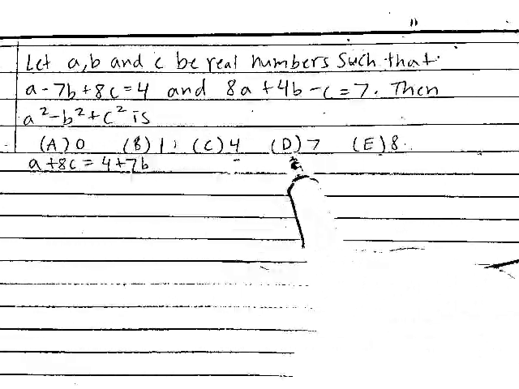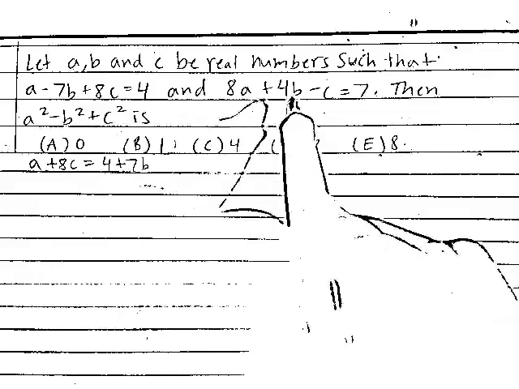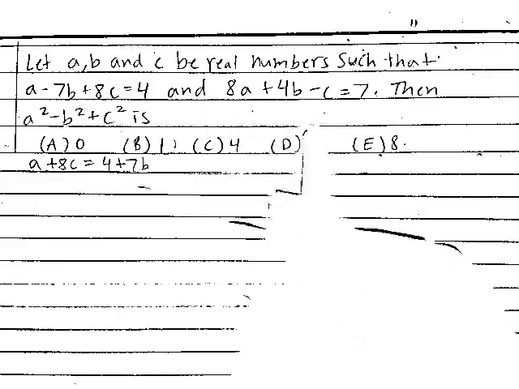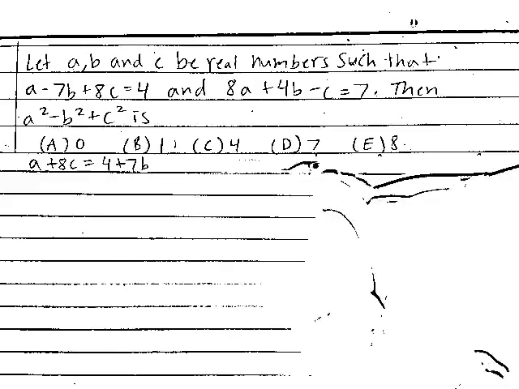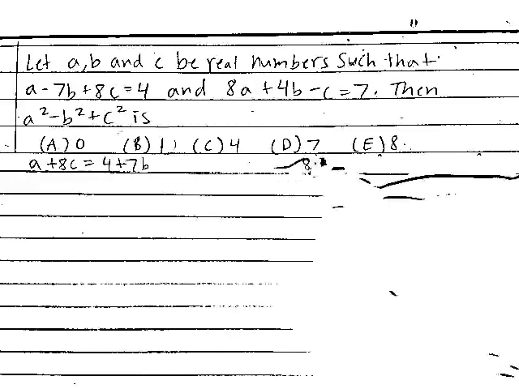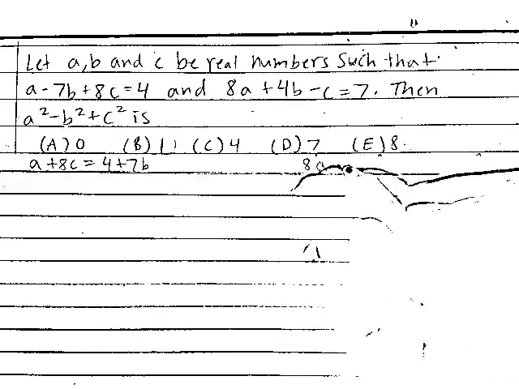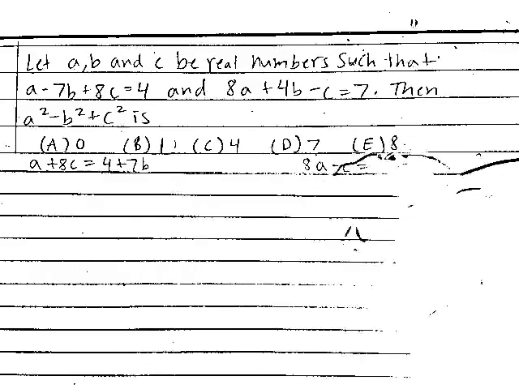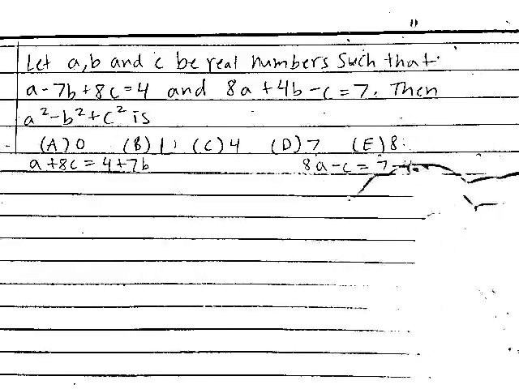And for this one, I would move the b to this side again, so it would be 8a minus c equals 7 minus 4b.